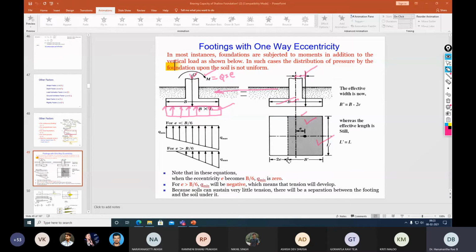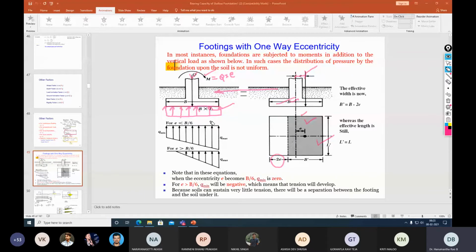A length equal to 2 times E, either in the width direction or in the length direction, depending upon the eccentricity present, will not at all contribute to the soil bearing pressure.